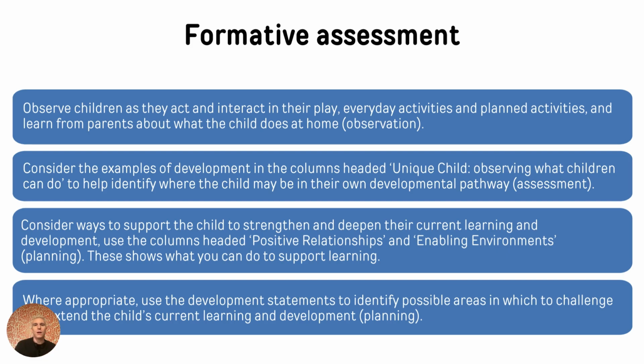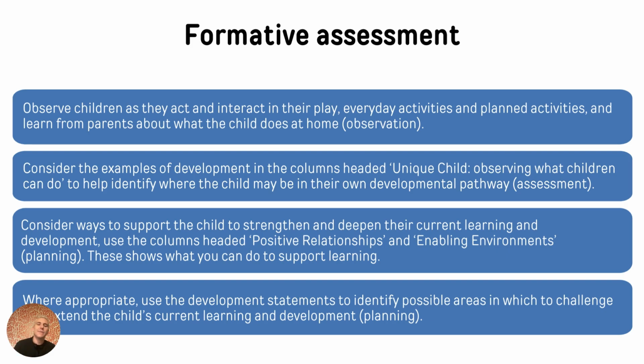Within the framework, you have the first column, which is Unique Child, and that lays out your developmental milestones. But for each age, for each developmental milestone, in the next column, you have positive relationships.